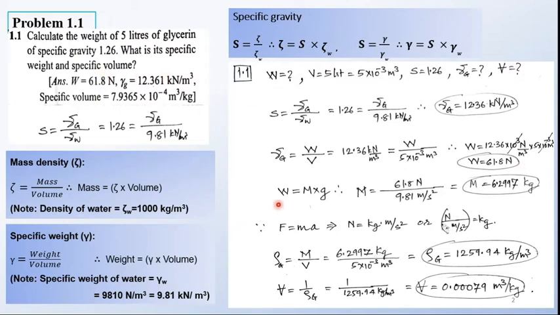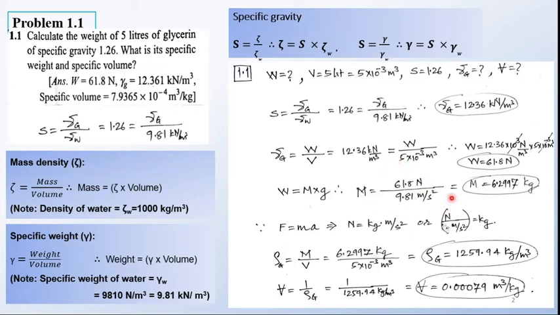Now next, weight is equal to mass into acceleration due to gravity. From this equation we can calculate the mass. So therefore mass is equal to the weight divided by acceleration due to gravity: 61.8 newtons divided by 9.81 meter per second squared.